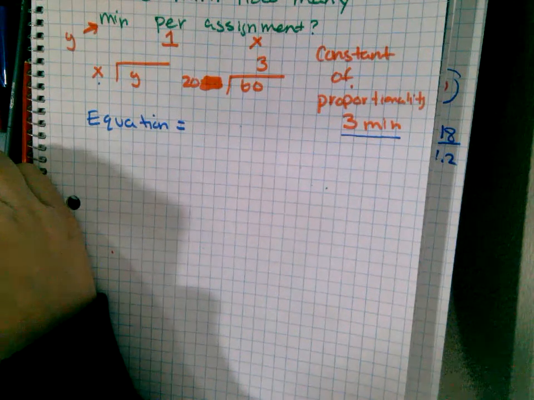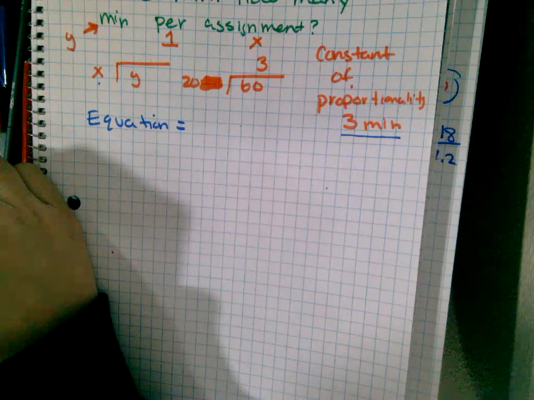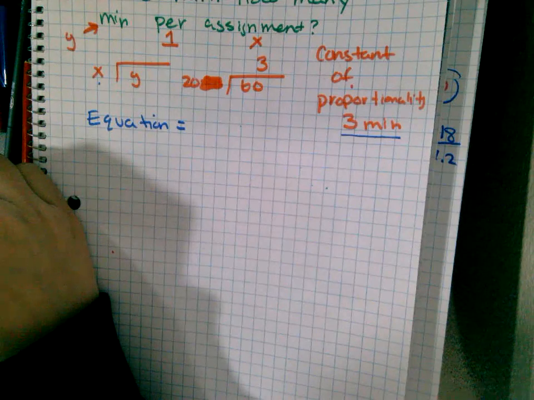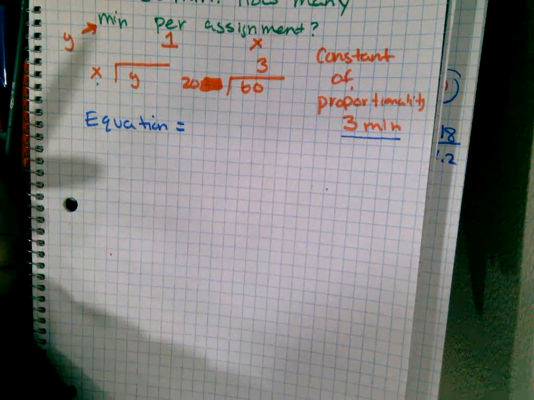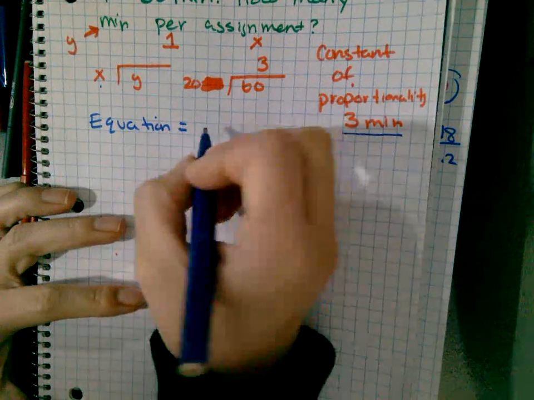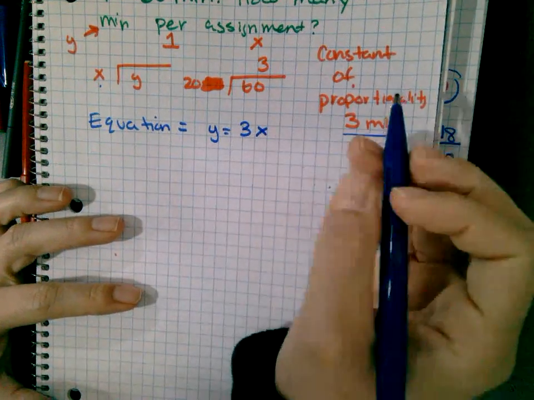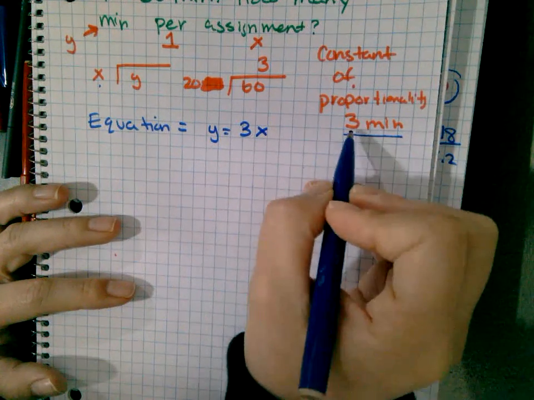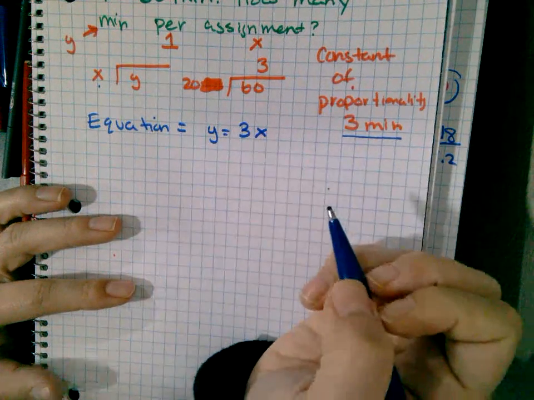I'll give you a clue. It starts with y. Thank you, Leo. Y equals 3x. Since my constant of proportionality is 3, you just plug it into the equation, y equals 3x.